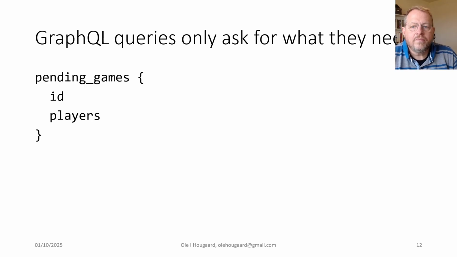So this is a GraphQL query I call pending games. That's something I have defined in the interface definition, and I'm getting two properties from the pending games. I'm getting ID and I'm getting players.